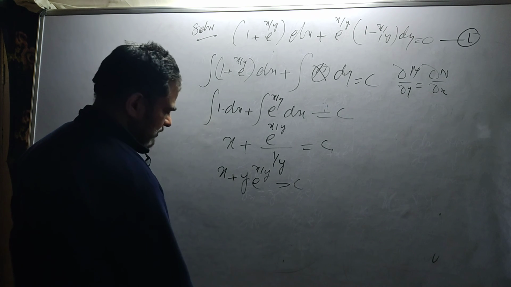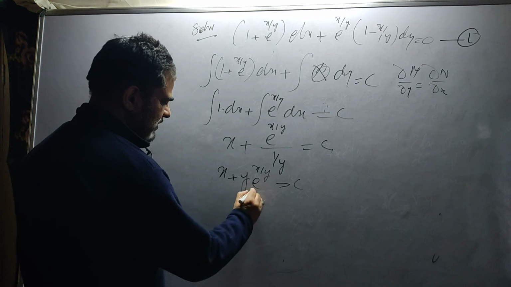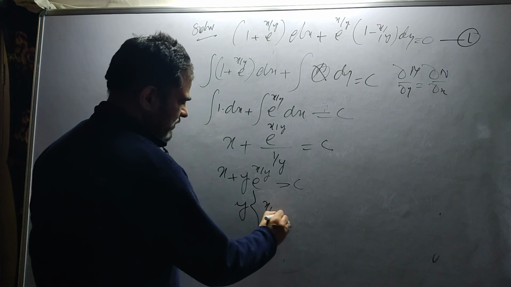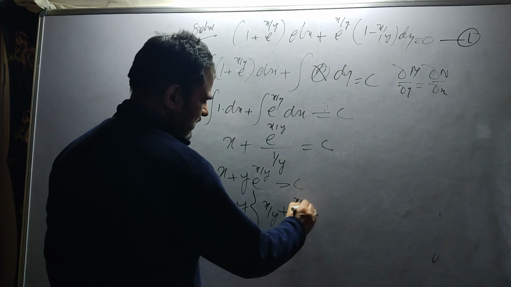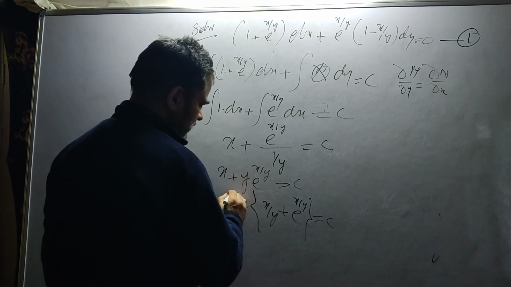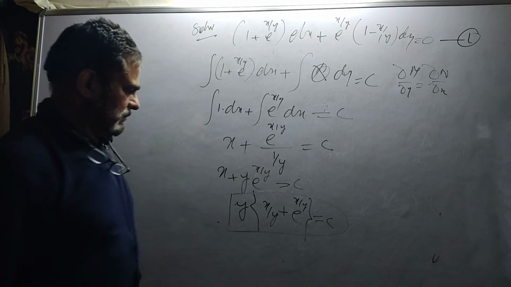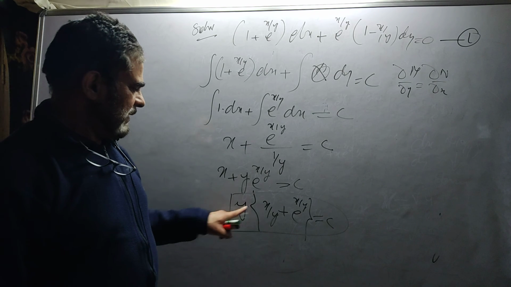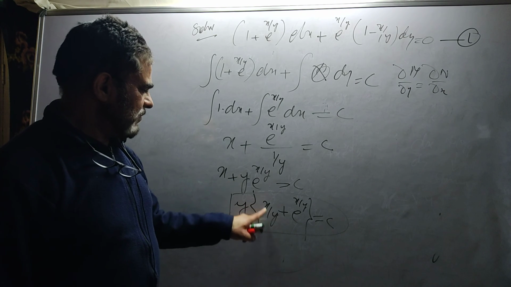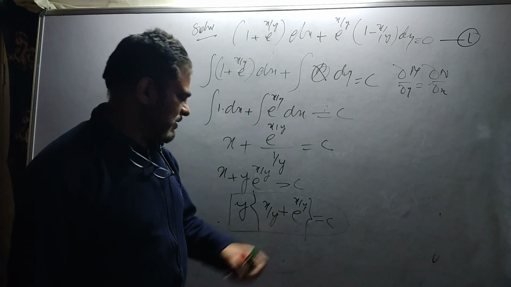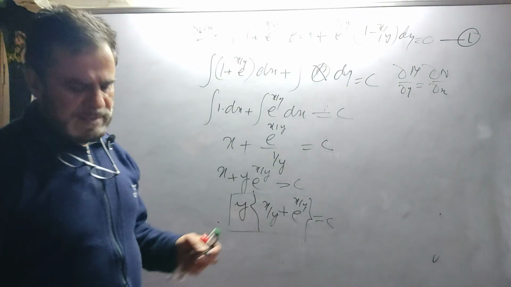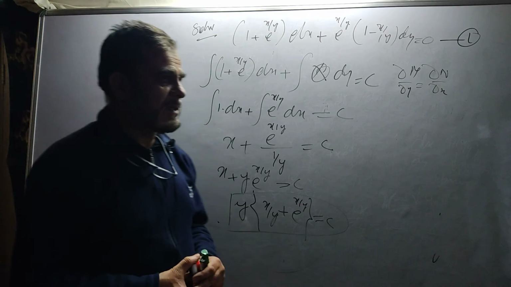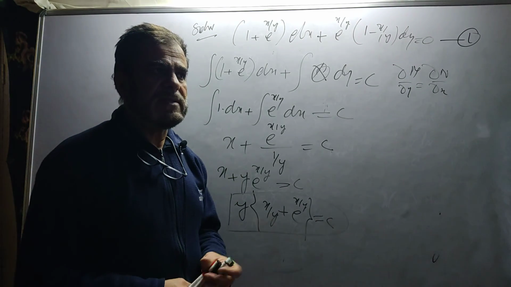You can write this solution sometimes as y times x by y plus e raised to power x by y is equal to c. I took y common, so this gets divided by y, x by y, e raised to power x by y is equal to c.